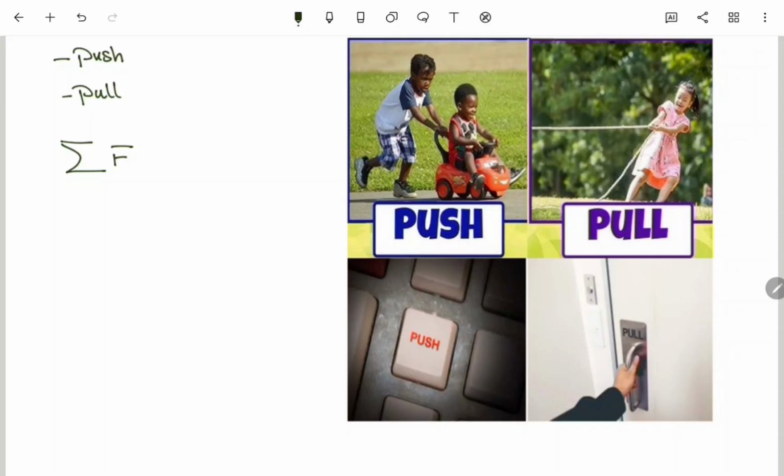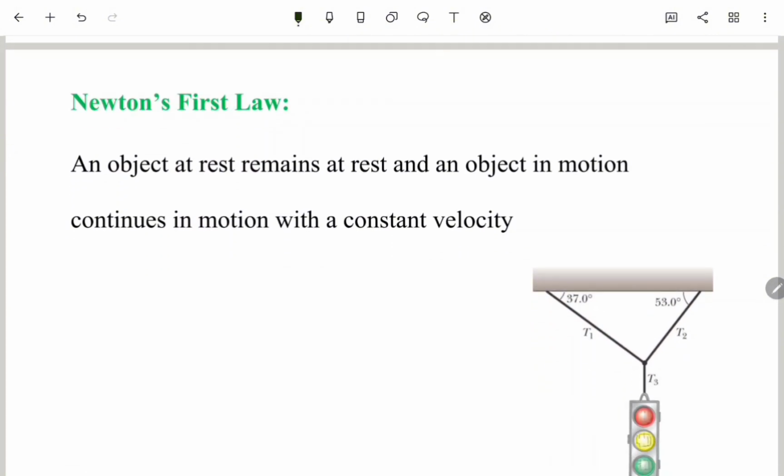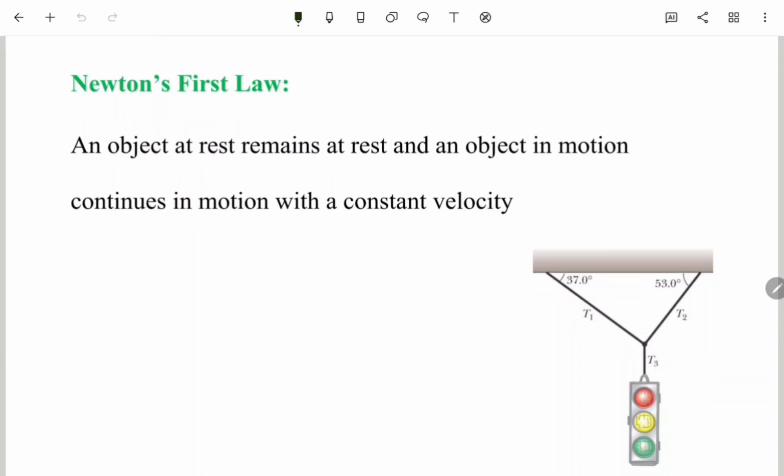So based on the models we just saw a few minutes ago, I need someone to summarize the whole situation. Okay, Sarah? That's exactly Newton's first law. An object at rest remains at rest, and an object in motion continues in motion with constant velocity.